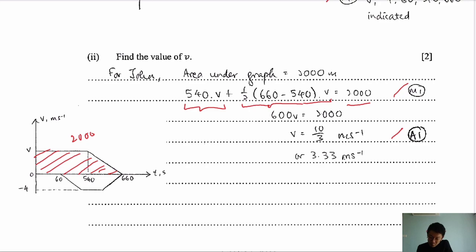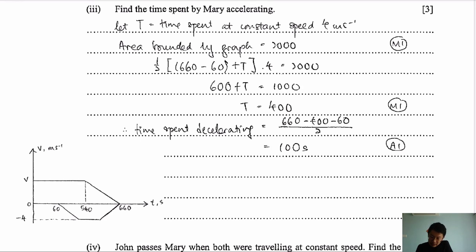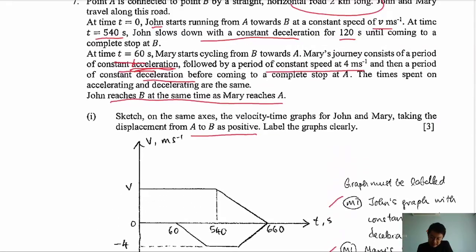Okay, so that would be for part 2. Part 3, find the time spent by Mary accelerating. If you look at the situation again, the question says that for Mary, the time spent accelerating and decelerating are the same.